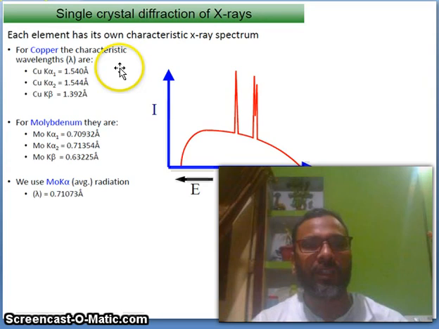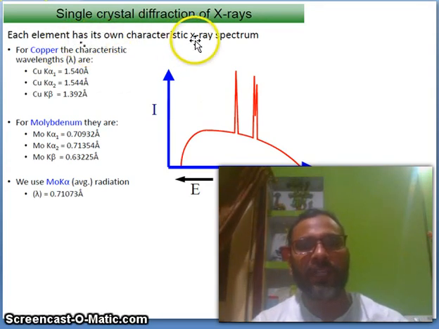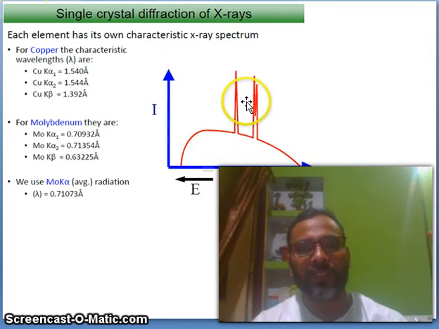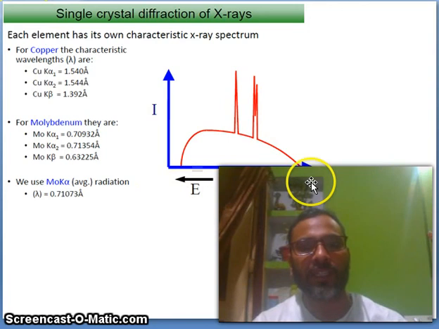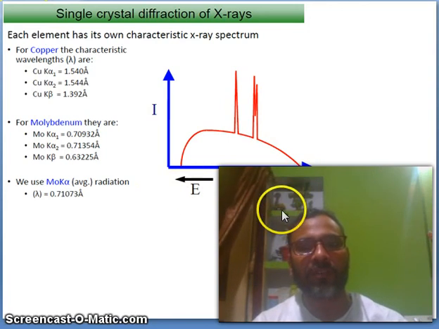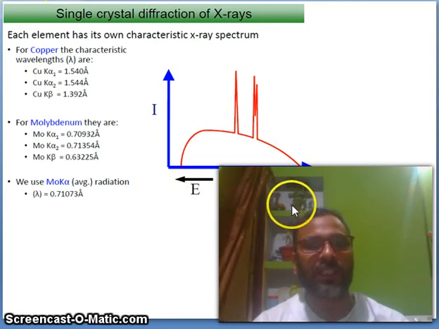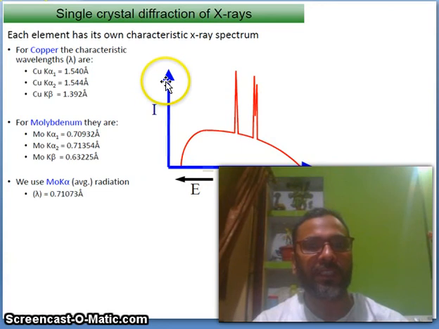So each element has its own characteristic X-ray spectrum. You see, this is energy and lambda. Lambda will go this side and energy will go this side. You know the energy and wavelength are in an opposite relationship, and this one is the intensity.